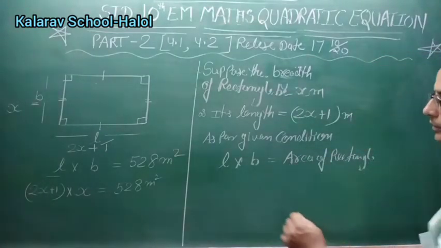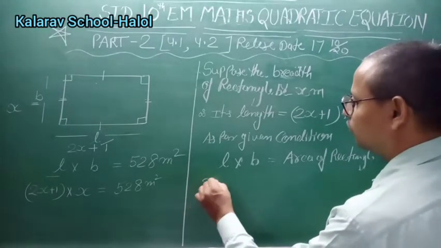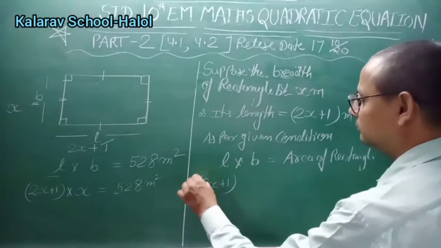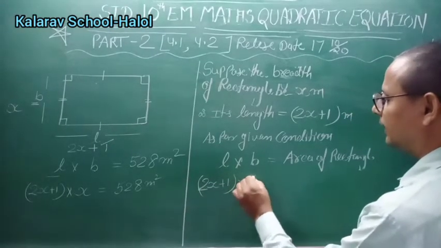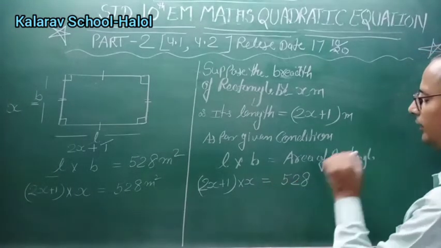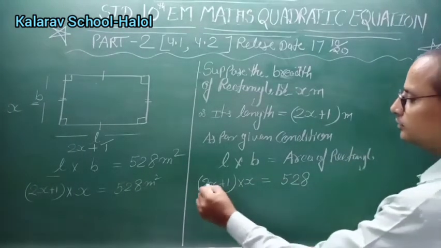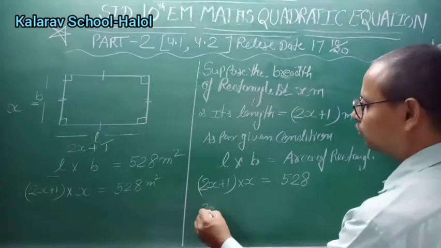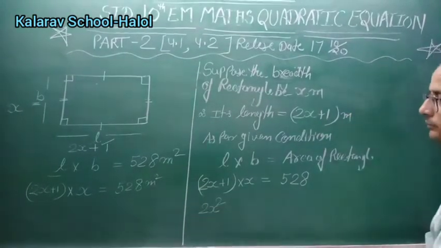What is length? 2x plus 1. What is breadth? x. Equal to 528. x is multiplied by 2x, 2x square.